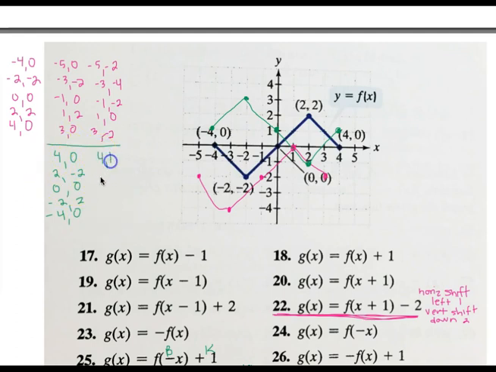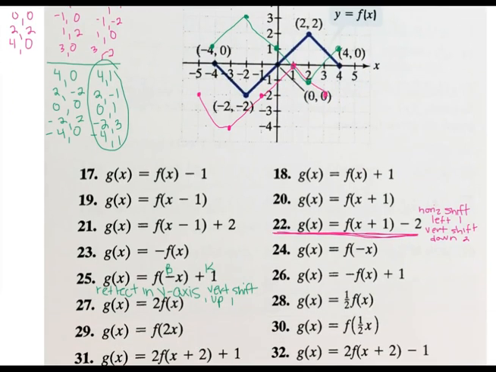So 4, 1, 2, -1, 0, 1, -2, 3, and -4, 1. And again, you can see that these answers match what I plotted in green. All right, final illustration, and hopefully that'll be enough where you feel like you can finish.